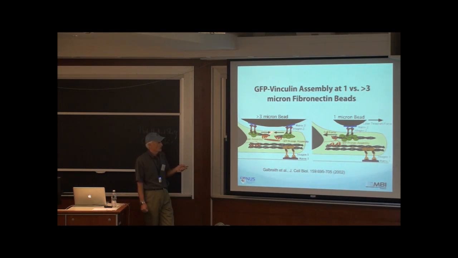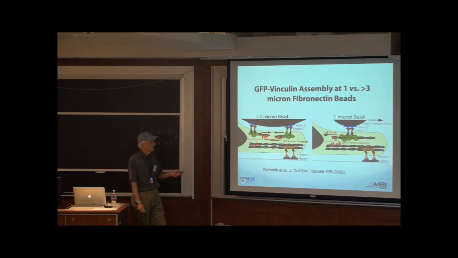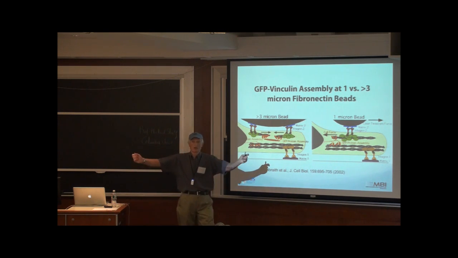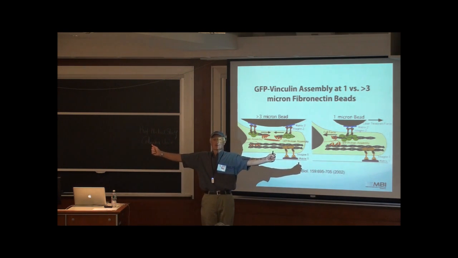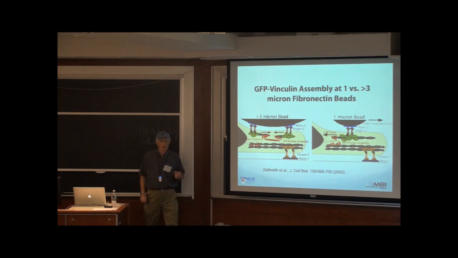The explanation given at the time was that the myosin filament is 300 nanometers long, and that a myosin filament therefore could not generate force on a 1 micron bead because the area of contact was smaller than the myosin filament, and you needed a larger area of contact.